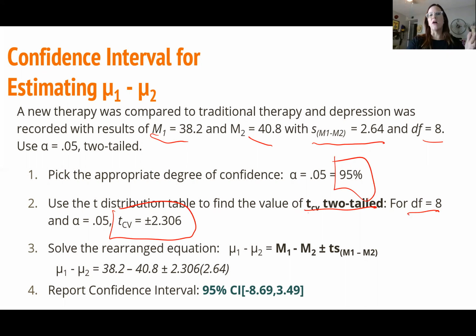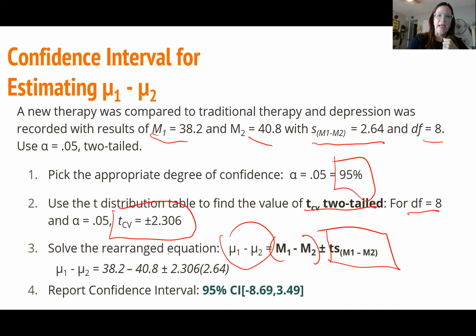So then we're going to solve our equation. This is basically what we're estimating, our means. So I usually take mean 1 minus mean 2, I take that difference, and then I add and subtract the product of the t critical value times the estimated standard error.